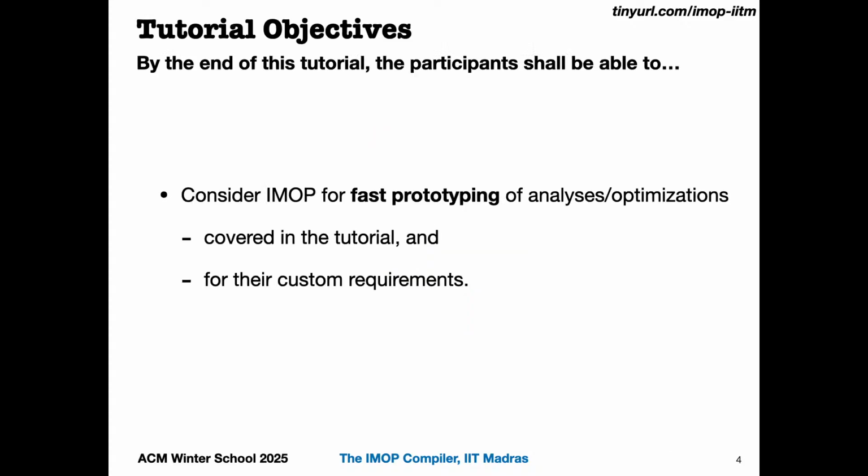So why are we using IMOP here? The idea is simple. We believe you can write reasonably important passes very quickly, as you will see in the tutorial here. We believe that IMOP can be used for fast prototyping. You have a new idea, say unrolling or whatever, and you want to quickly implement it.